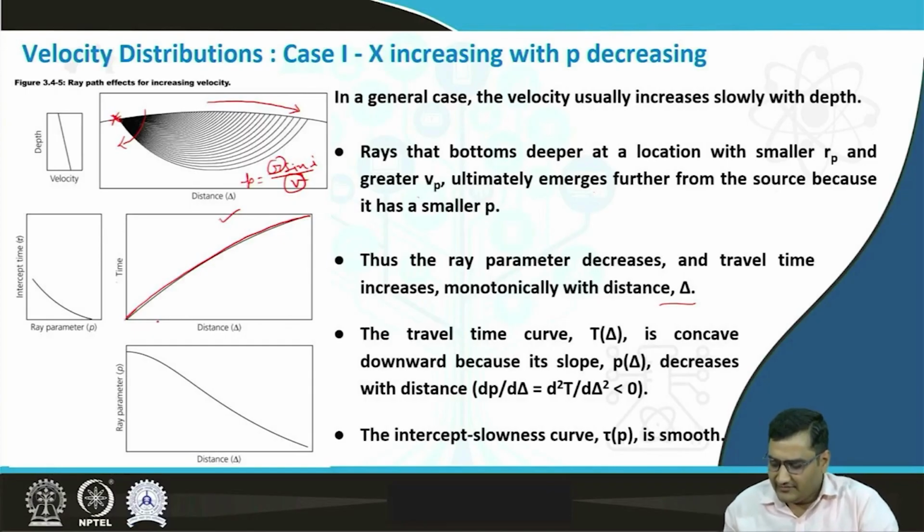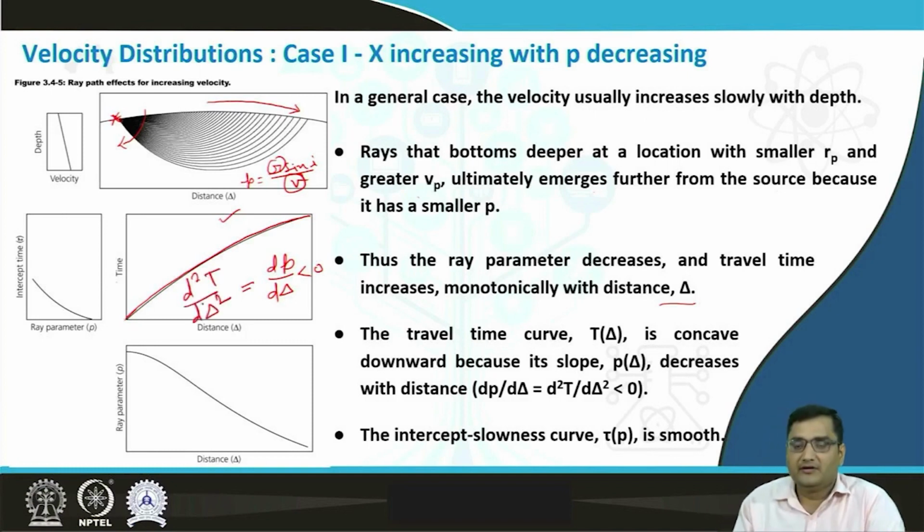And in that case, dp by d delta should be less than 0, because with distance p is decreasing, and that will be equal to d square T by d delta square.